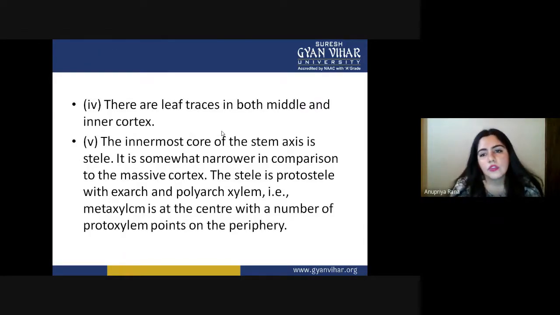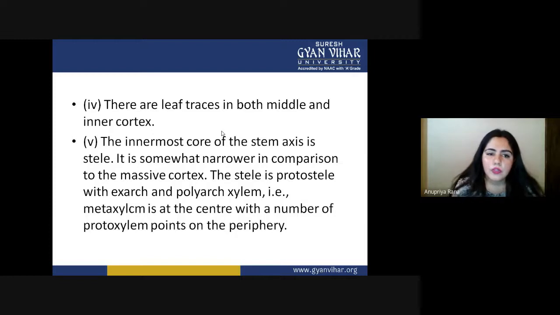There are leaf traces in both the middle and inner cortex. If we look at the leaf traces, they are rarely in the middle, but also in the inner cortex. The innermost core of the stem axis is stele, and it is somewhat narrower in comparison to the massive cortex. The innermost core of the stem axis is always stele, meaning the center where we possess the vascular bundle.